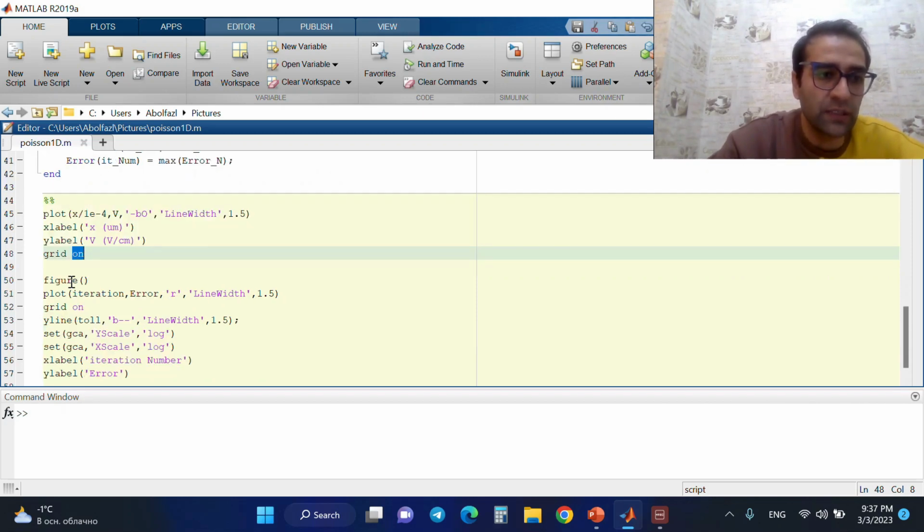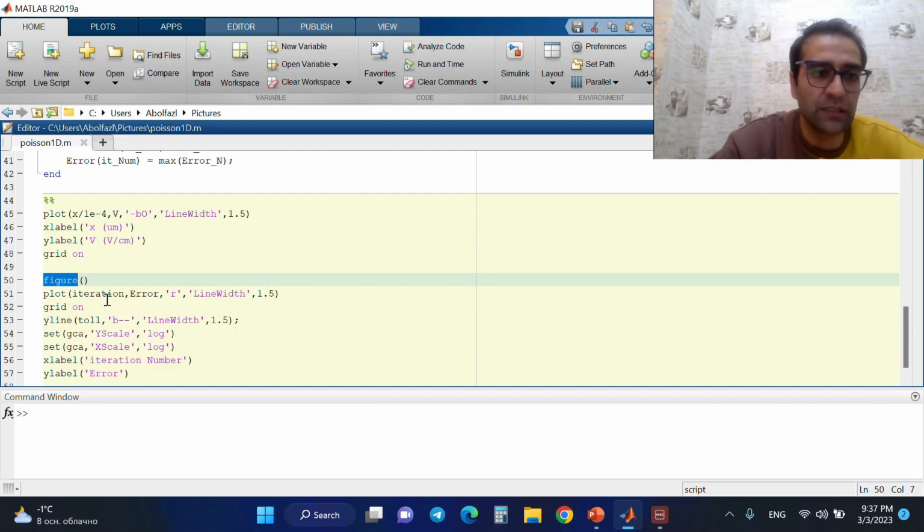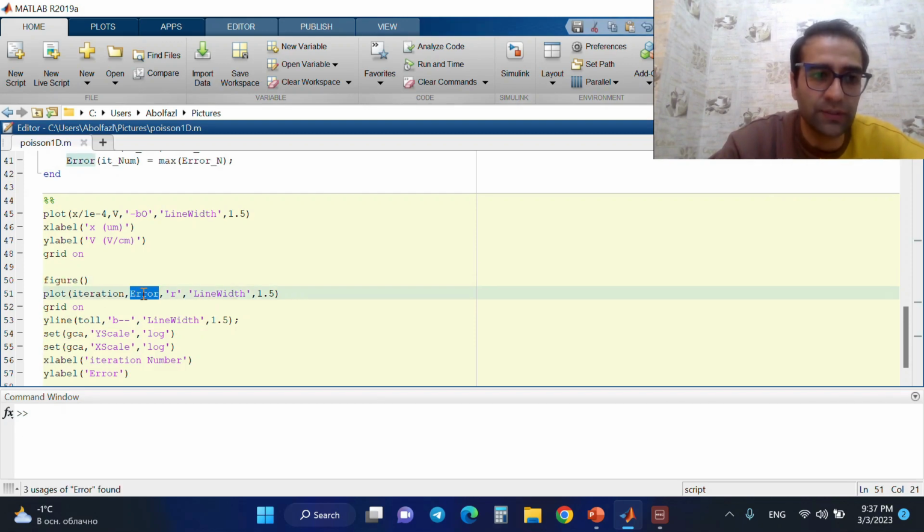And the next figure, we need to define next figure. Next figure, I plot the error, defined to be the maximum of error, versus iteration. This iteration indeed is the iteration number. This shows the color. The plot will be with the red color, and the line width will be 1.5. Grid on.